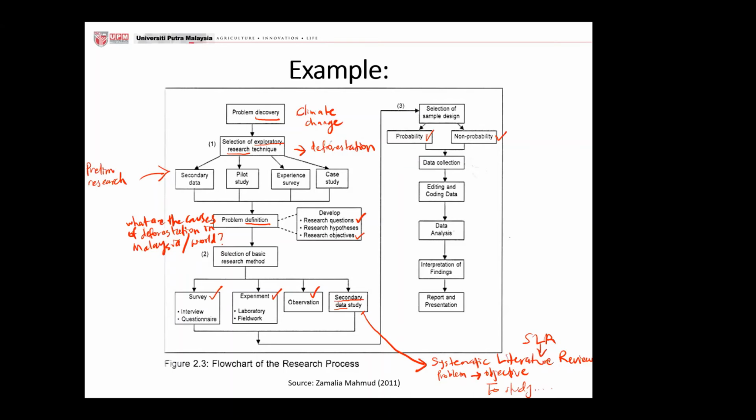Because you want to be able to generalize your findings to a population. If the way you choose your sample is non-probability, you cannot generalize the findings of that study to the bigger population. Don't worry, we will cover this in specifics in the sampling topic, but I'm just sharing with you what to expect for probability and non-probability.